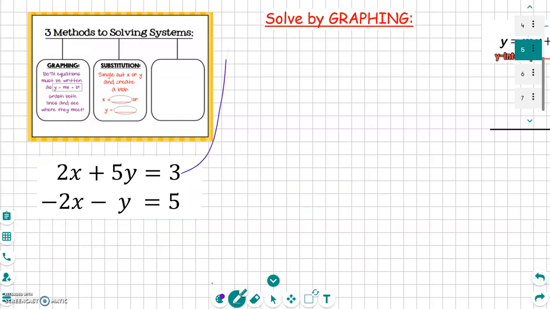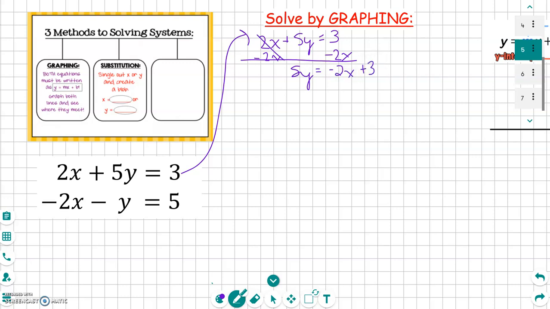Let's take our first equation and start writing it into the correct form that we need it to be in. Again, if you remember from last week, our goal is to get y by itself. So in order to do that, we have to subtract 2x from both sides. We end up with 5y equals negative 2x plus 3.